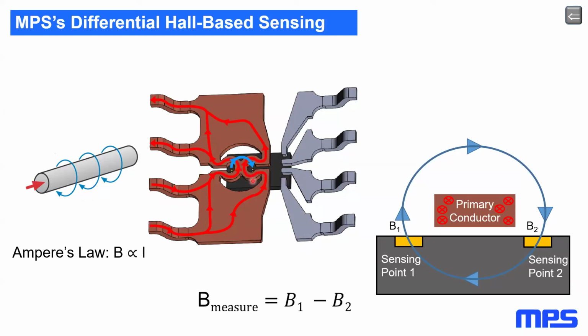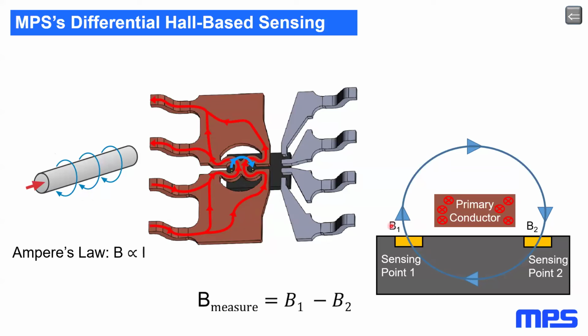So let's take this and look at it from the side. We're going to flip it like as though I'm grabbing this edge and flipping it and rotating it up. So here we see that primary conductor. The little circles with X's means that the current is flowing into the screen. Our magnetic field then is rotating in the clockwise direction. And the Hall cells on the left side are seeing a magnetic flux pointing upward.